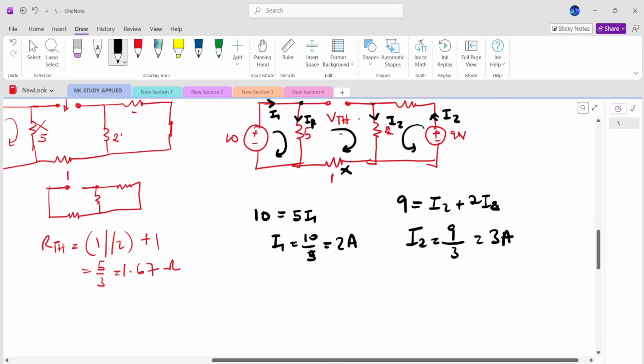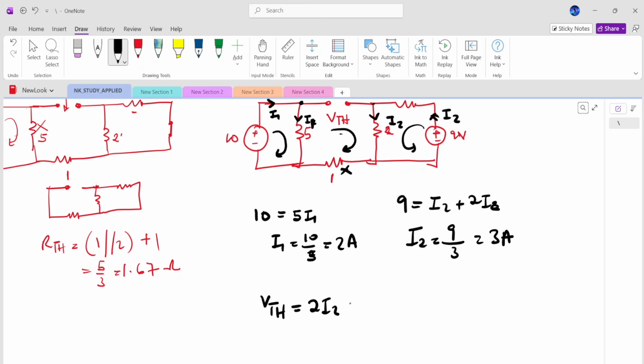Now, if you take the loop with the VTH, our VTH will be equal to 2I2, right? But there's no current in this resistor, so it will not form part of the loop. Or we can say plus 0 on 1, right?